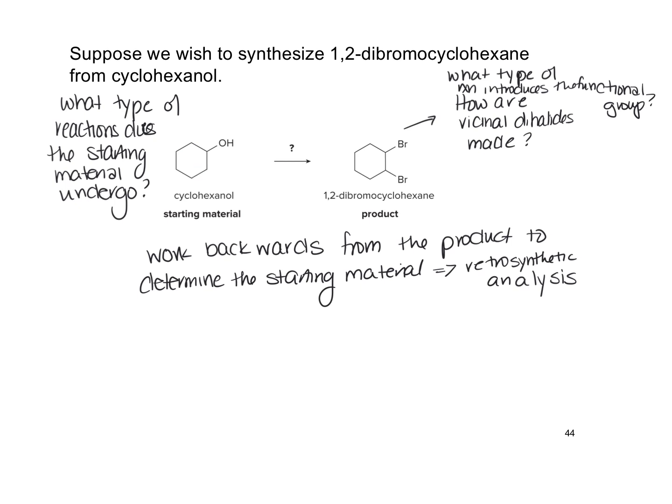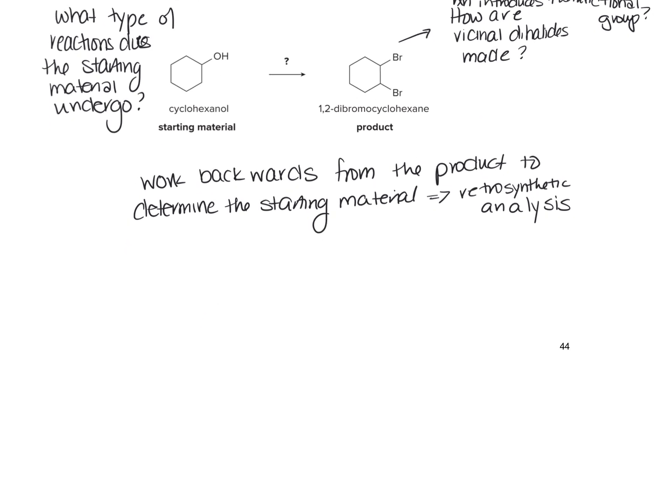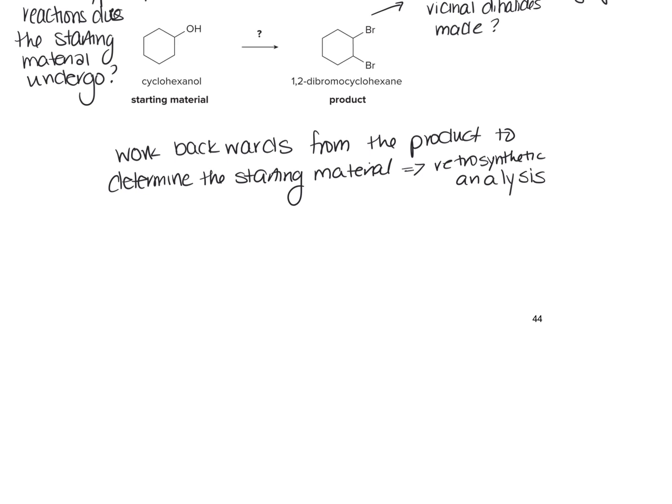When I think about going backwards, I know that I have this guy here, and I have learned that I can make a vicinal dihalide using Br2 and an alkene, which is here.